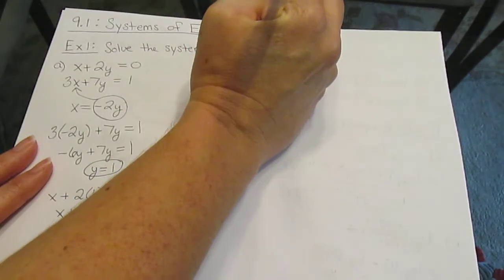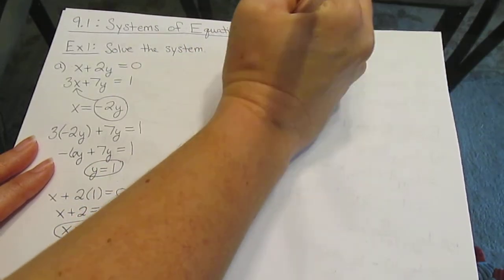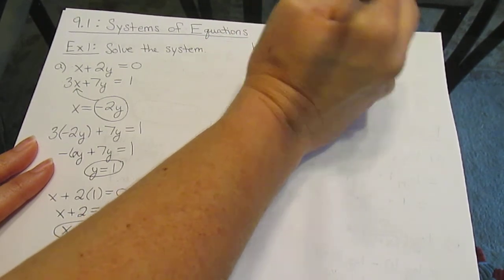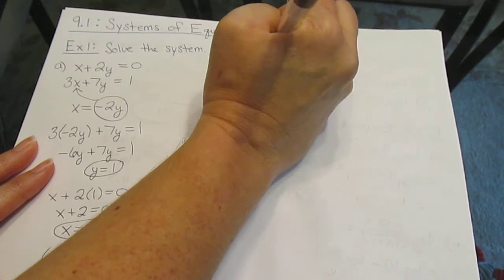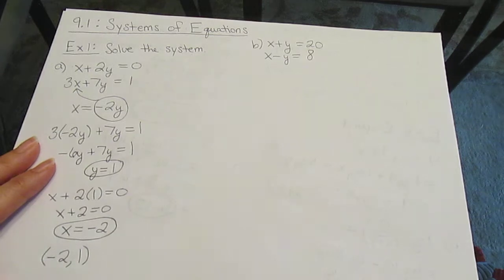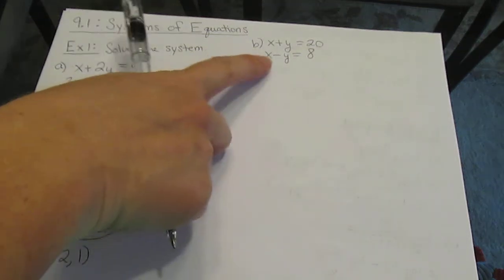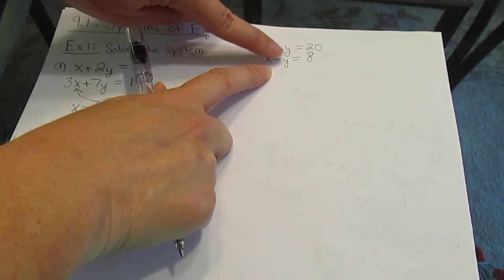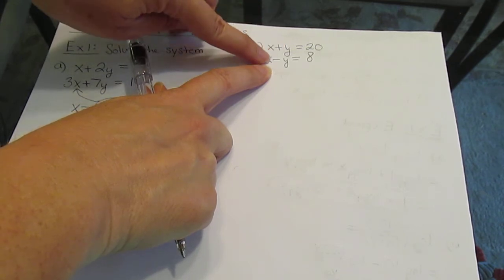So part B, I've got x plus y equals 20 and x minus y equals 8. And what you want to do in elimination is you want to get one of your variables to have the same coefficient and opposite signs.